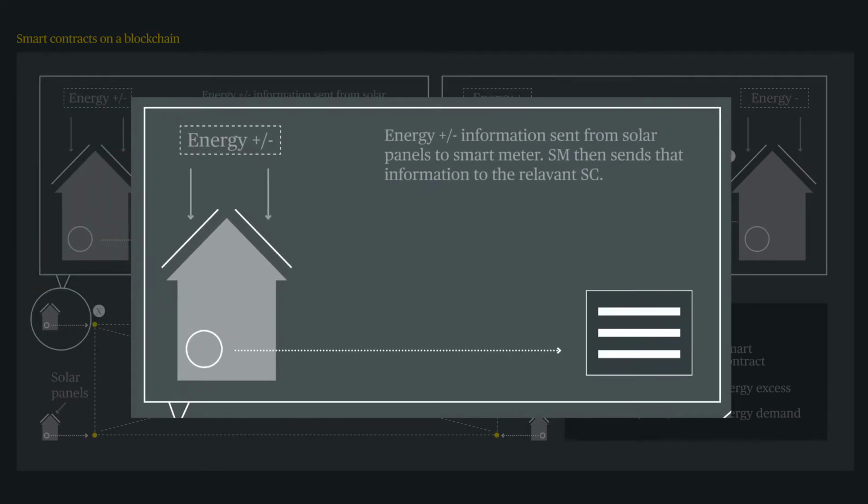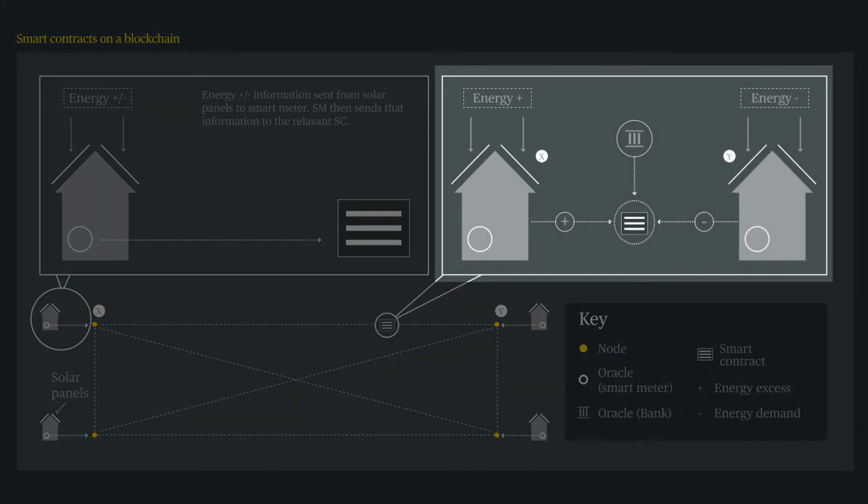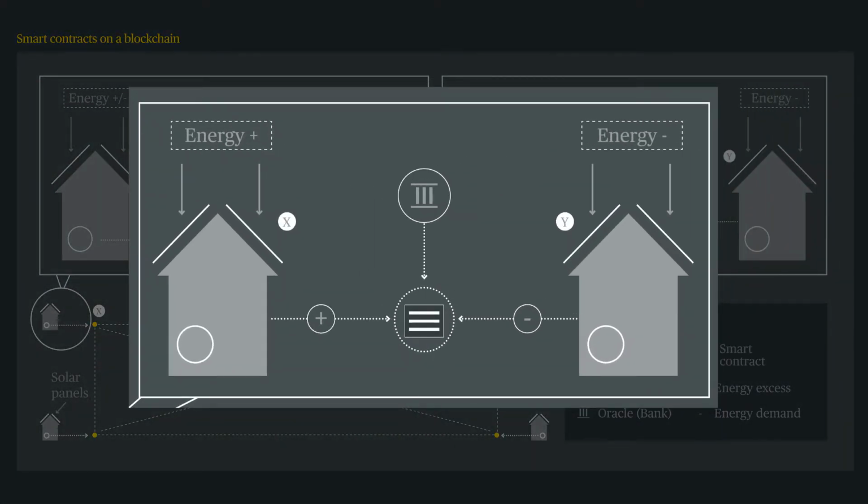If this happens, then transfer the energy from X to Y. And the if is based on 3 inputs. If X has energy surplus, and if Y has energy shortfall and pays for that energy shortfall at a given price written into the computer code, then self-execute and do the output, X transfer the energy to Y.